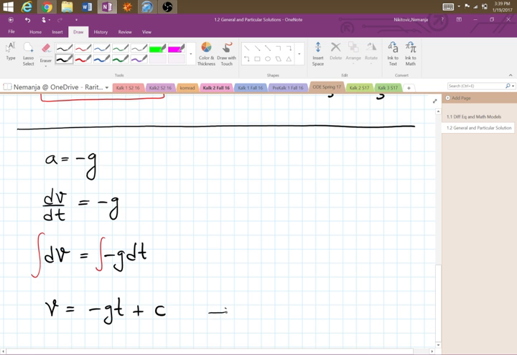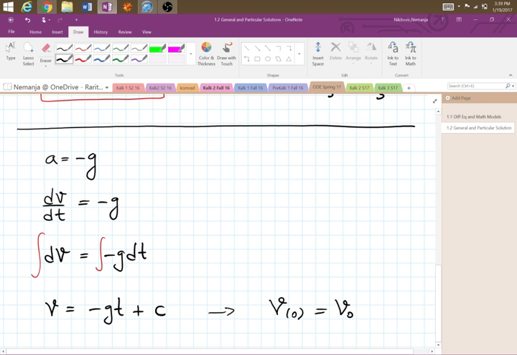Because at this point here, I'm going to say that velocity at 0 time is going to be called initial velocity. Now that makes a lot of sense, because at 0 time is where the system begins to evolve. So I have v of 0 equals v naught.